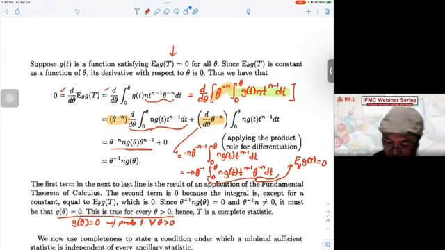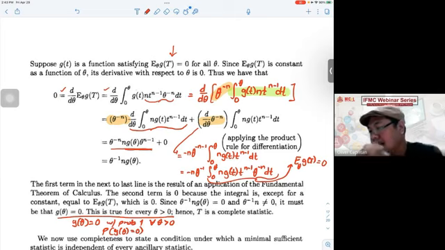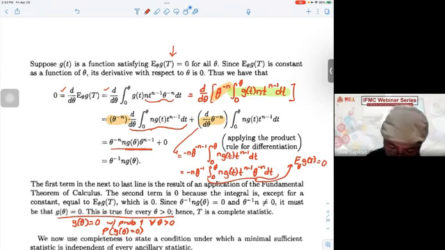Or we can say the probability that g of T is equal to 0 is 1 for all theta.